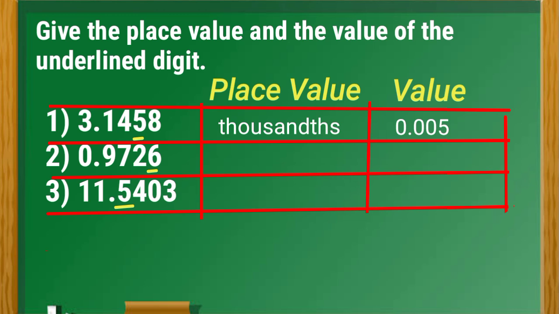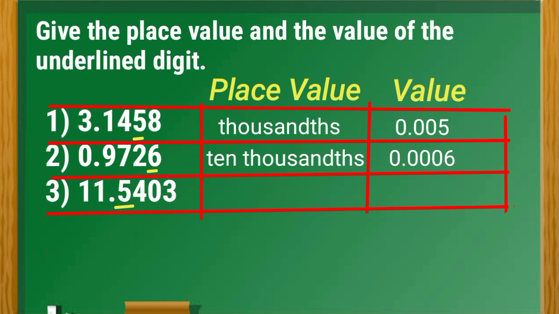And what do you think is the place value of 6 here? Okay, 10,000ths. And what is the value of digit 6? That is 6 10,000ths, or can be written as 0.0006.